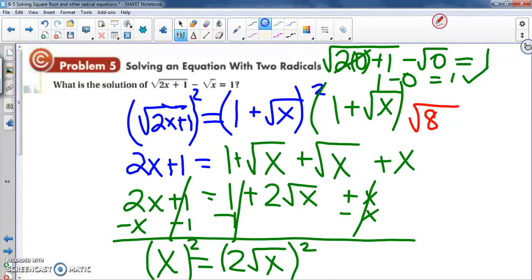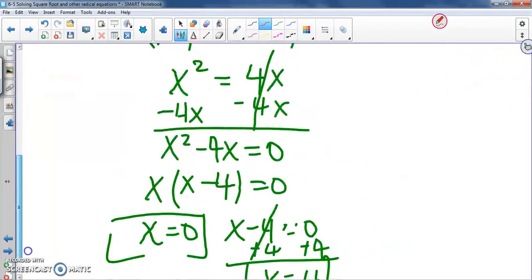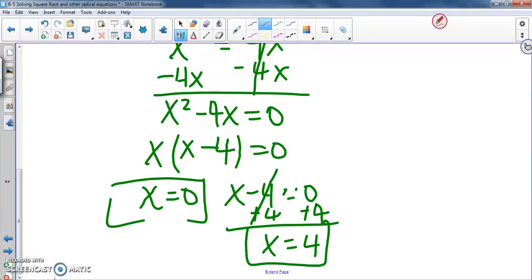The square root of 8 plus 1, minus the square root of 4 equals 1. So the square root of 9 is 3, minus 2 equals 1. Yes, and we have 2 solutions down here. That's it.